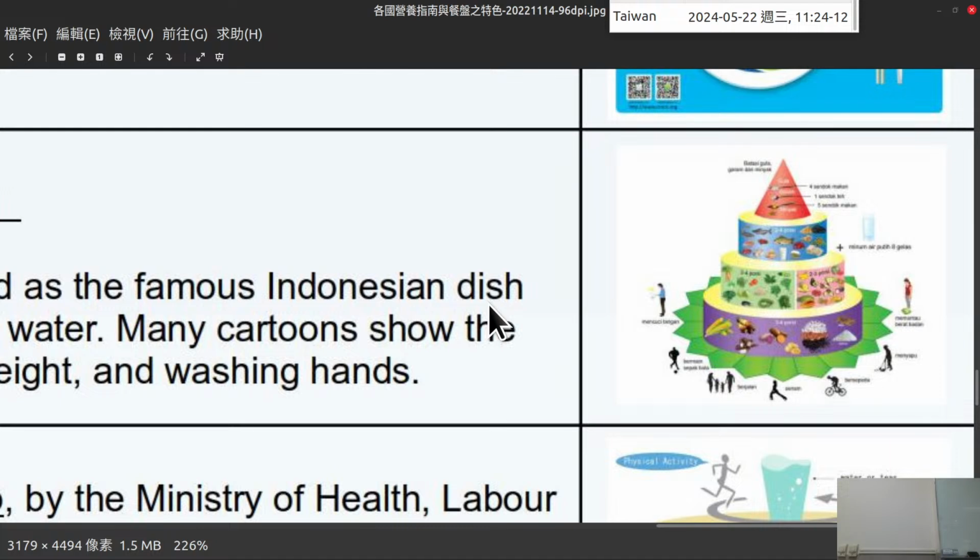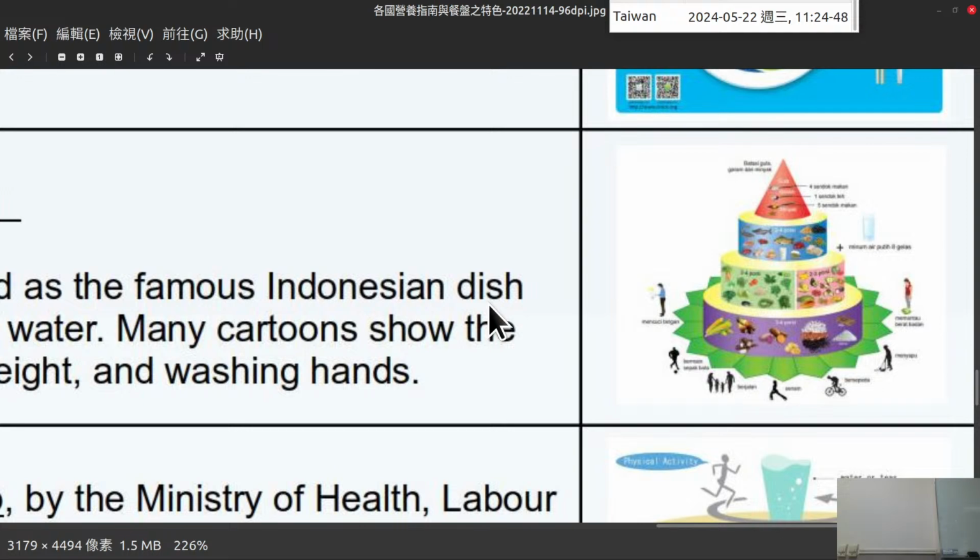So it's a concept to make the people in Indonesia know, okay, from this shape of the luxury dish, change the dish into different foods. For example, this part is oil, we need a little bit of oil, but the grains, corn, or sweet potato, or rice, or some wheat like this, the proportion is bigger than the others. It means more like this, and more exercise like this.